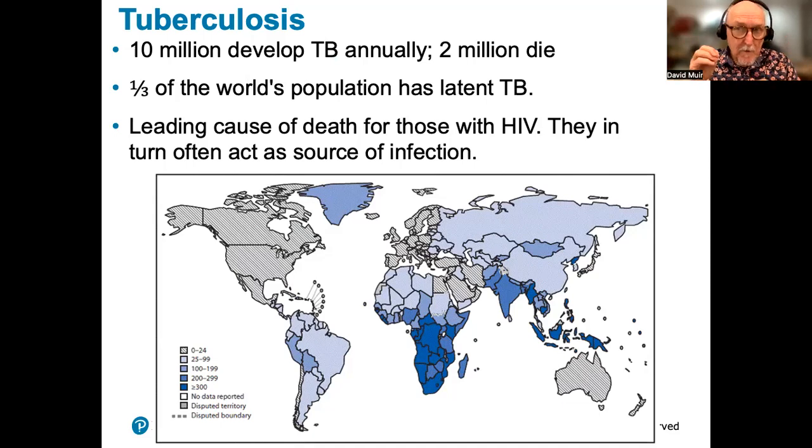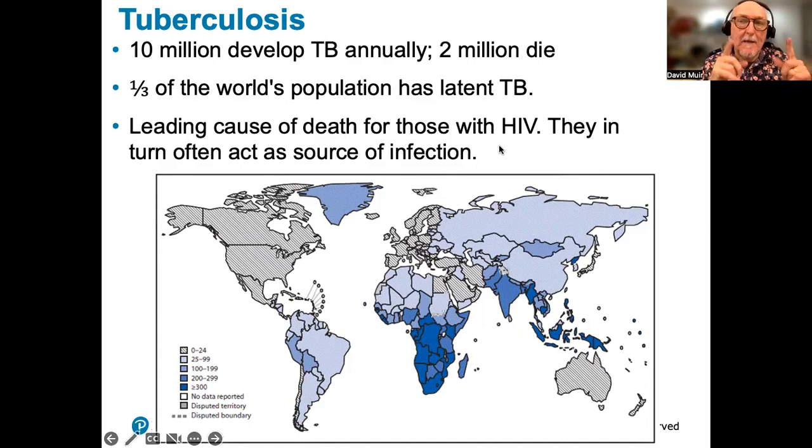Eventually, if a tubercle remains that way long enough, it will become invested with calcium phosphate and become calcified and then not be able to cause disease. But 1/3 of the human population will show the presence of latent infection, which is an astonishing figure.